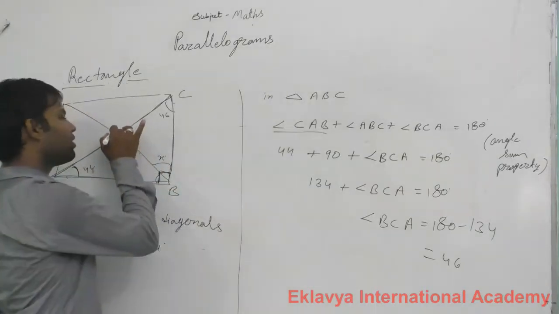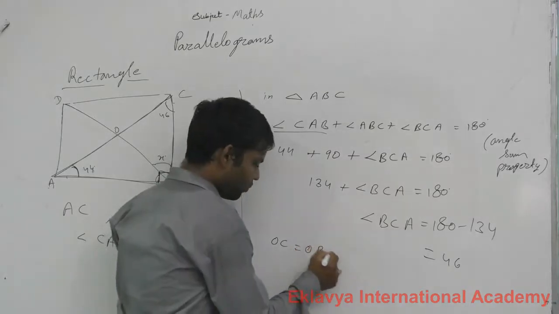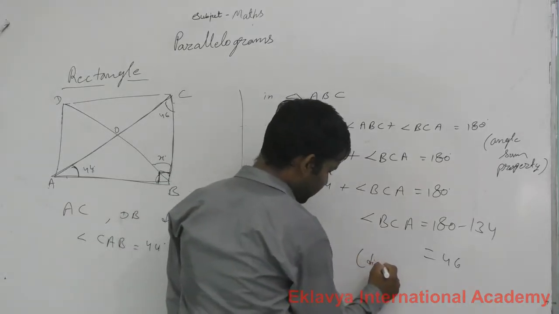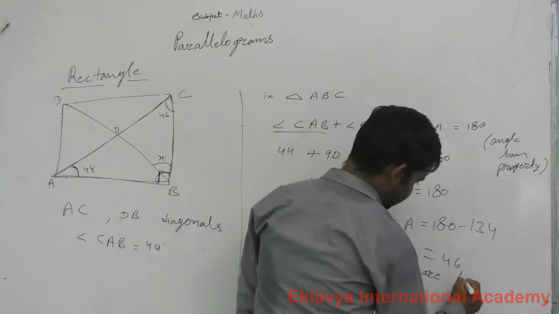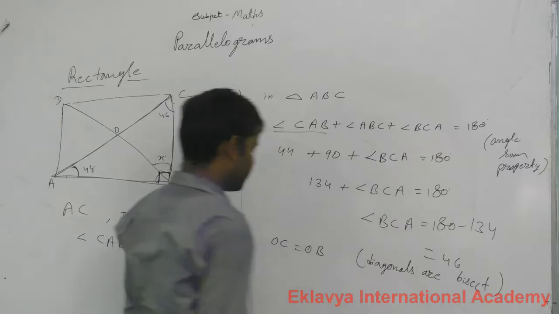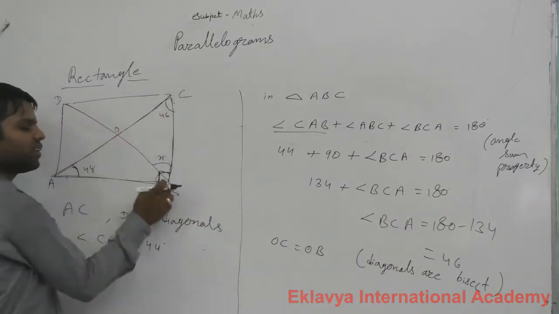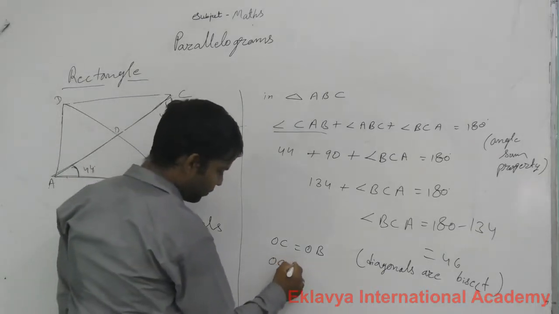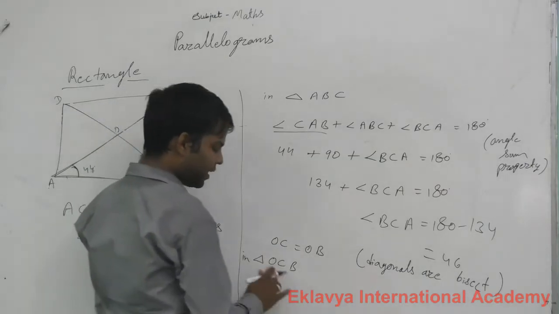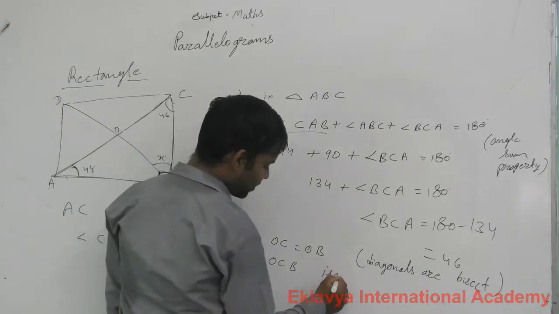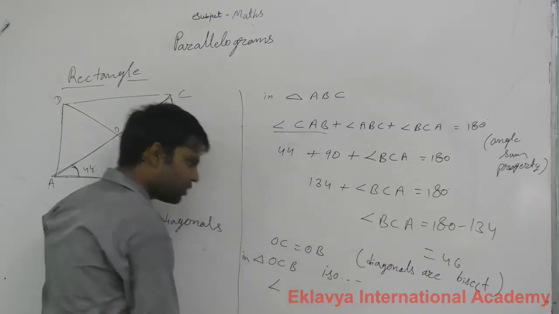So if the diagonals bisect at point O, then OC is equal to OB. Diagonals bisect each other. So if OC is equal to OB, then in triangle OCB, OC equals OB, so triangle OCB is an isosceles triangle, and in an isosceles triangle, if two sides are equal, then the opposite angles are also equal.